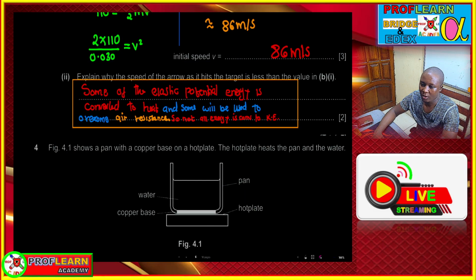Moving further, we are told to explain why the speed of the arrow as it hits the target is less than this.